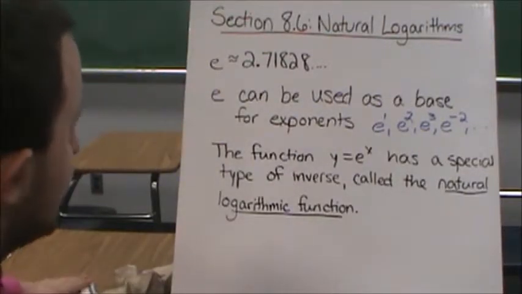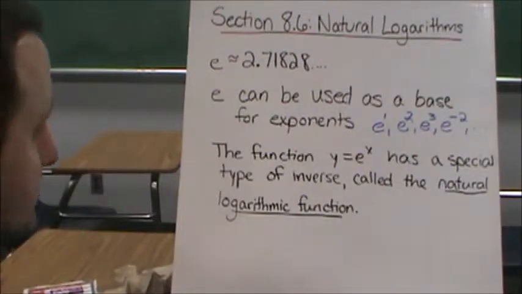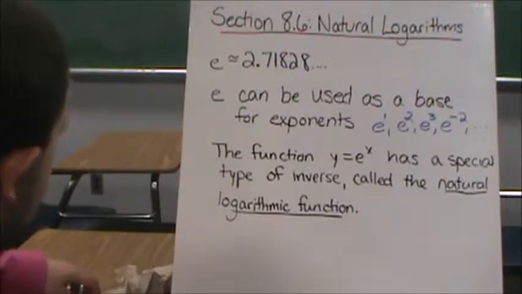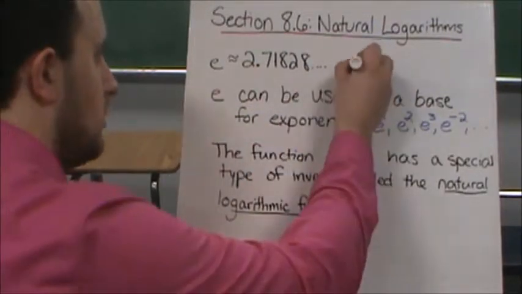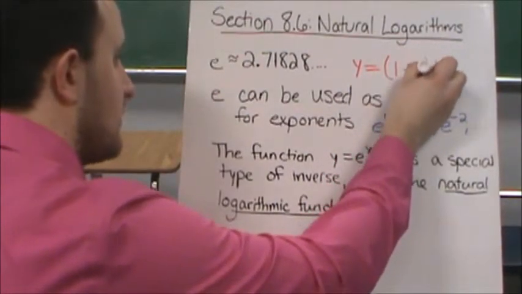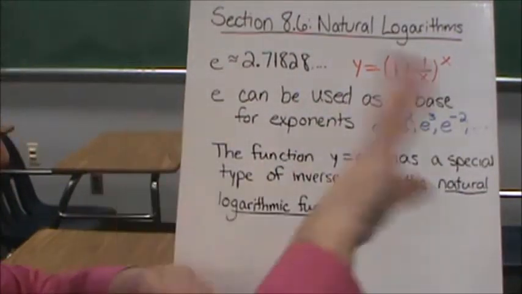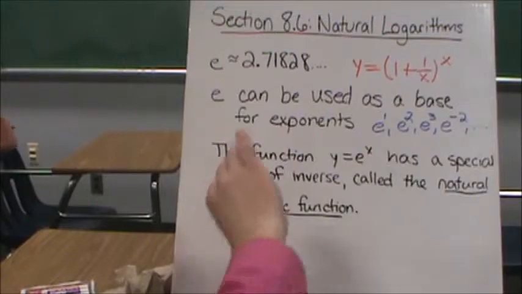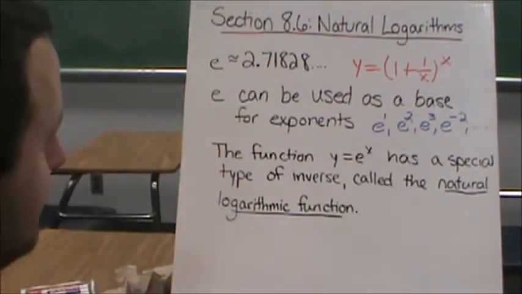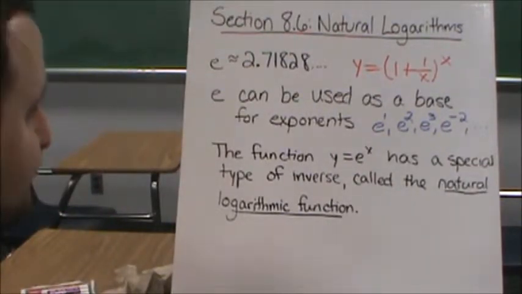Remember that from Section 8.2, when we looked at the graph of e and found out that e is the value of the horizontal asymptote of the function y equals (1 plus 1 over x) to the x power. As x grew in the positive x direction, the graph was sort of going to level off at the line y is equal to 2.71828, and that value we now know today as e.